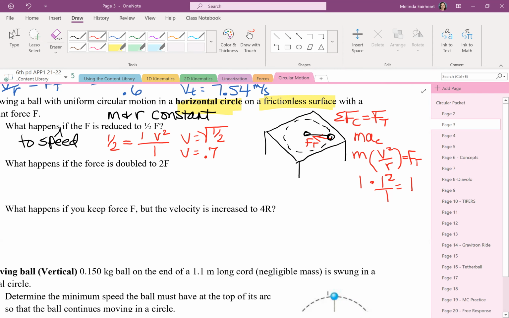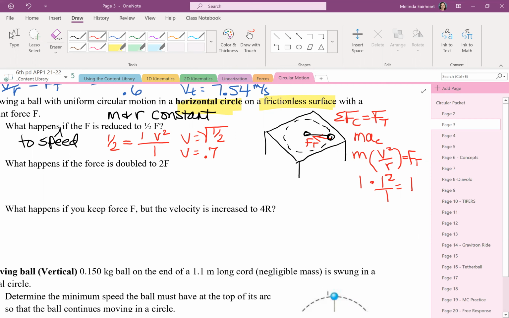And I can kind of demonstrate that. You don't see tension, but me, I feel tension. And so if I start it with a good velocity, not too fast, not too slow, but then I tug less, it's going to slow down, okay? But here's a question. Half the force, did we get half the velocity? It went from 1 to 0.7.